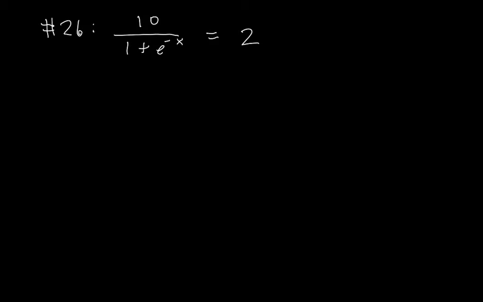We can do a couple of different things, but probably the one you're going to be most comfortable with is this idea of cross multiplication. So remember, with cross multiplication, 10 times 1 will equal what's on the bottom here times 2.